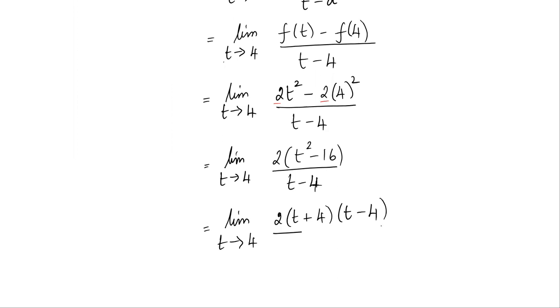Remember, this did not use the h, so you don't have those inbuilt tests for us to know that the h has to cancel off. One thing we know, your t minus 4 has to go away, because if you kept it as t minus 4, when you're ready to apply the limit, it will become 4 minus 4, 0. So you can consider that as an inbuilt check. You will be using mostly algebraic techniques to handle that.